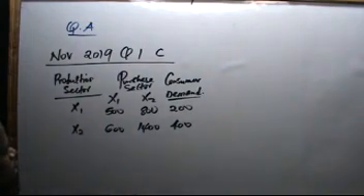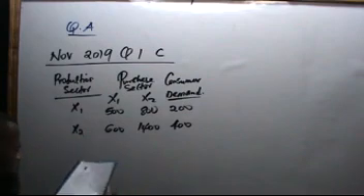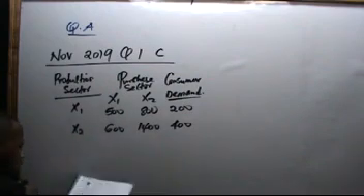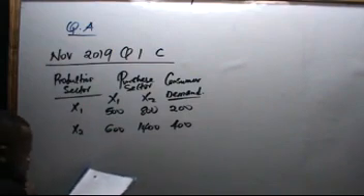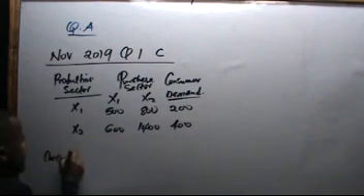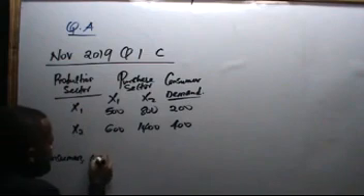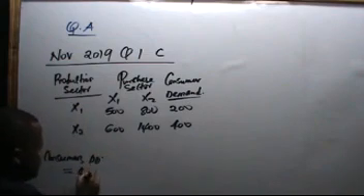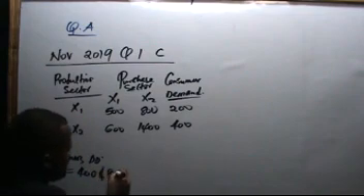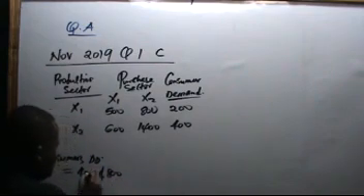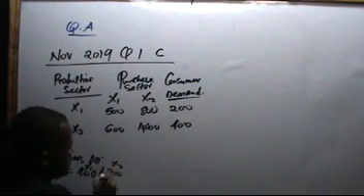Now, this is what you have been given. Then you're told the projected consumer demand changes, so the consumer's demand changes to 400 units and 800 units for sectors X1 and X2.